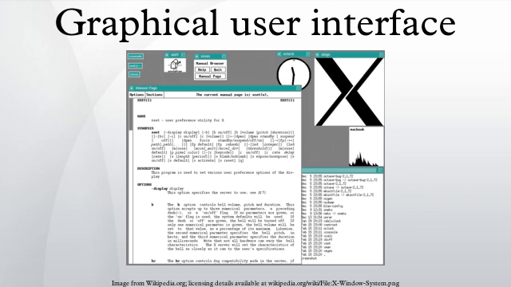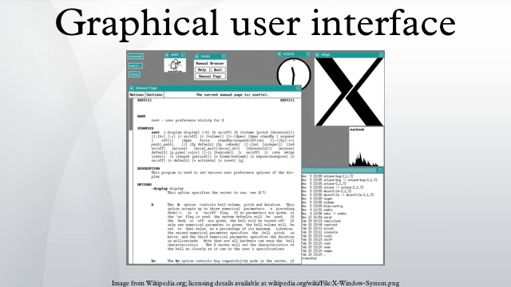Evolution. Following PARC, the first GUI-centric computer operating model was the Xerox 8010 Star Information System in 1981, followed by the Apple Lisa in 1983, the Apple Macintosh 128K in 1984, and the Atari ST and Commodore Amiga in 1985.